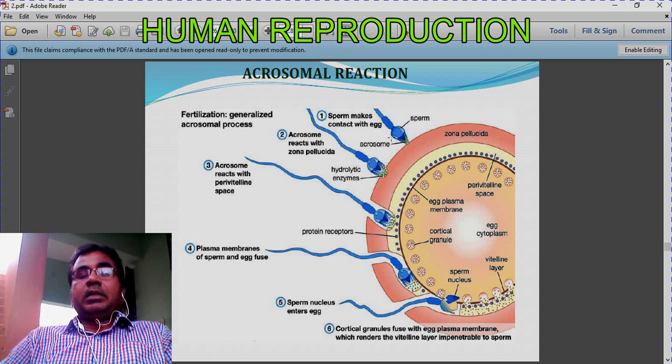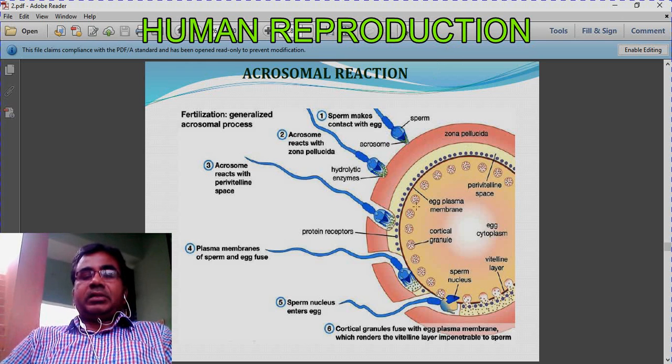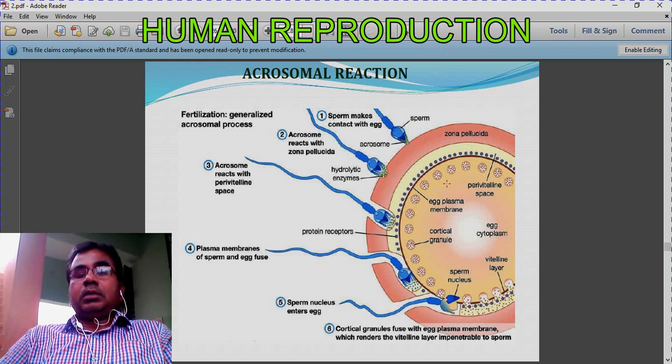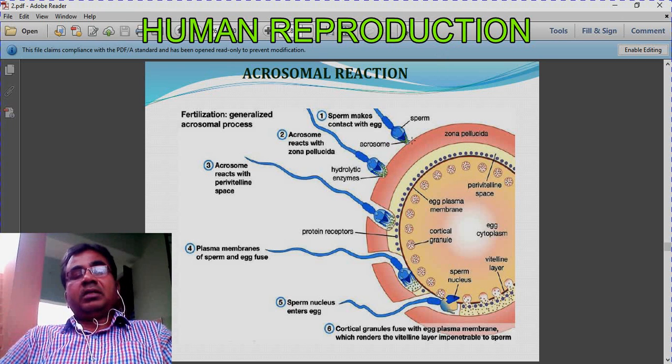That enzyme will break the layers of the ovum. These layers of the ovum are broken down by the action of these enzymes in the acrosome. As a result, the nucleus of the sperm will enter into the ovum. As a result, fertilization takes place.